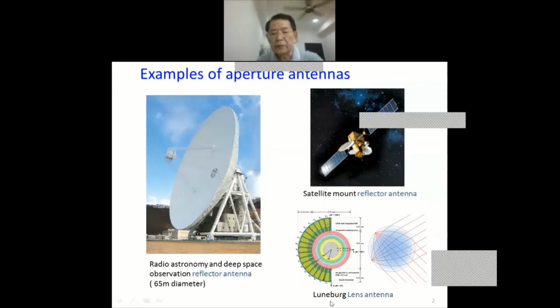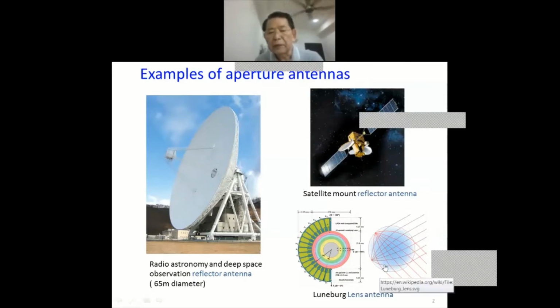This is the case of the lens antenna. The reflector antenna radiates electromagnetic waves by reflection: the electromagnetic wave is reflected on this surface and goes out in front of the reflector.